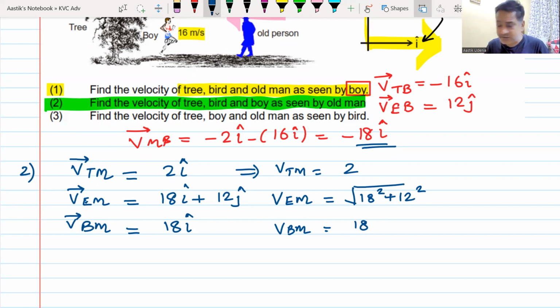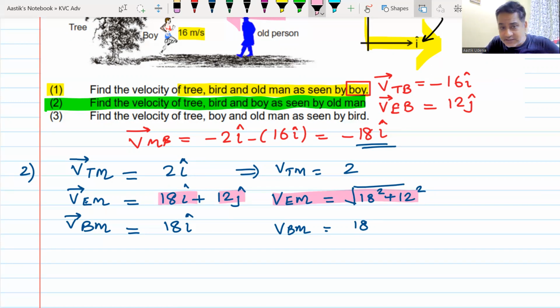Because in the examination hall, it is not necessary that the answer is given in terms of your I and J. The answer may be asked only for the magnitude of velocity, and then they can ask you the angle as well. So they can have two options, one for magnitude and one for the angle. Do we understand this?